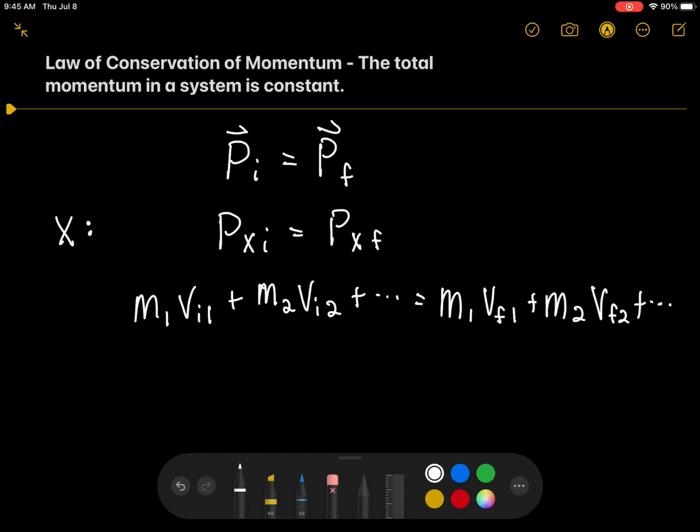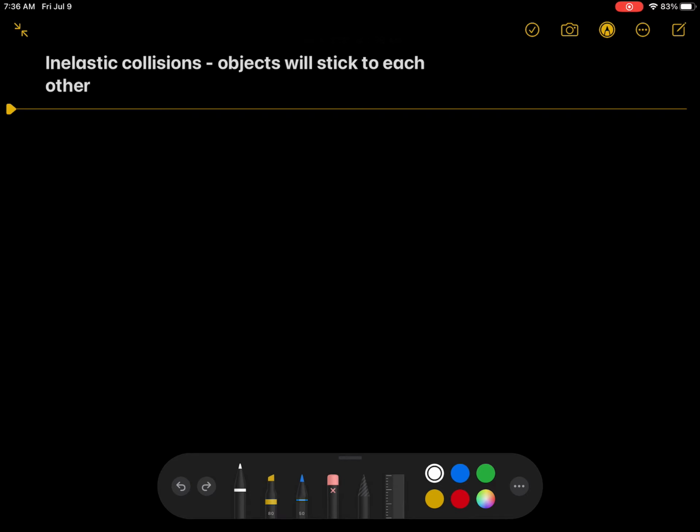And there's two different collisions that we can have. We're going to talk about inelastic collisions first, and then we're going to go with elastic collisions. Let's start with inelastic collisions. In an inelastic collision, objects will stick to each other.